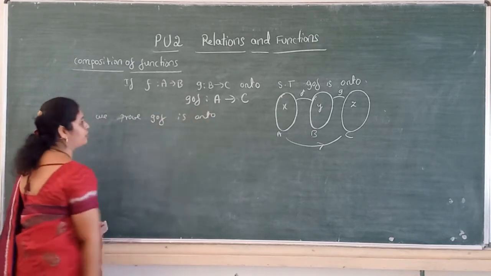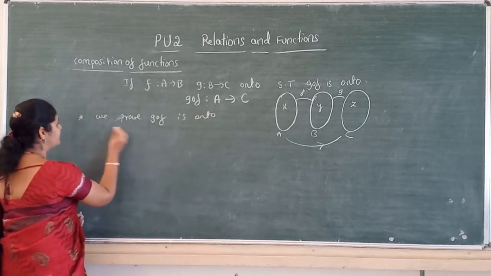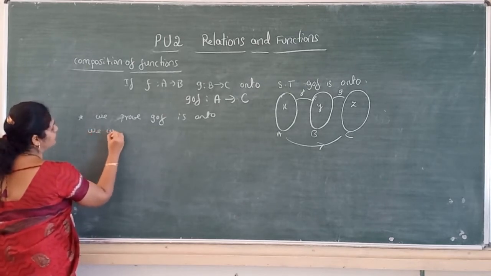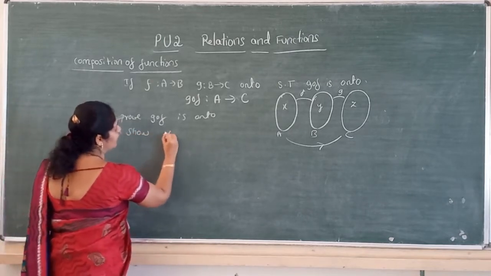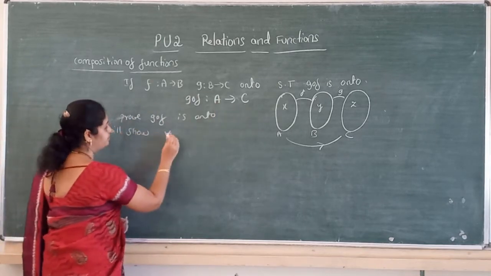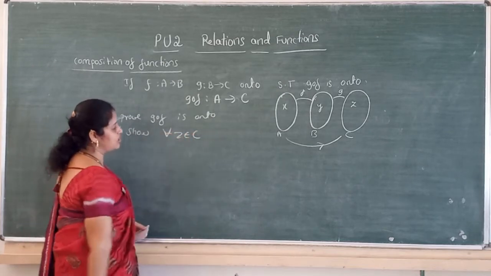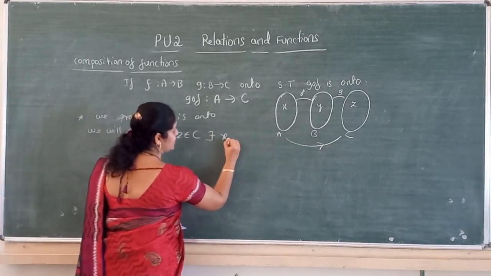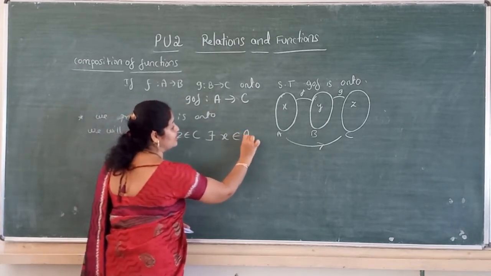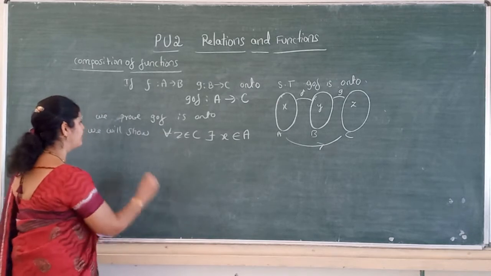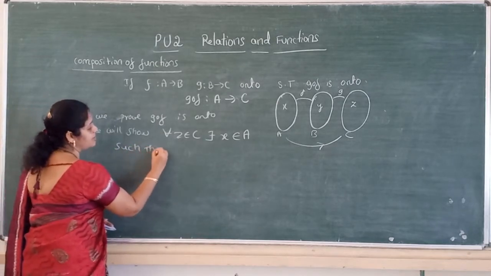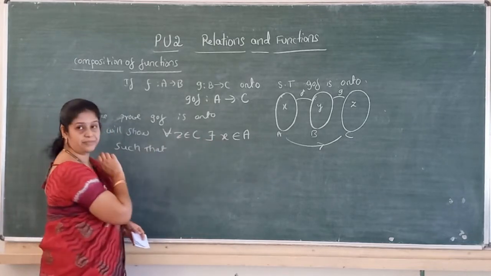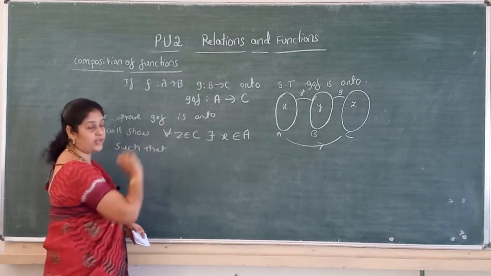We'll show that for every z belongs to C, there exists some x belonging to the domain set A such that the image of this x under the function g of f is z.